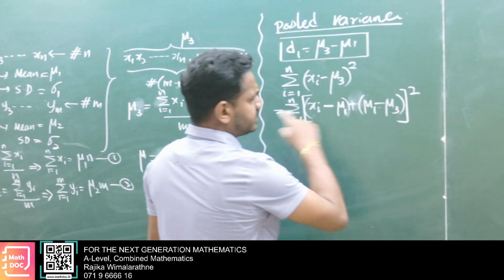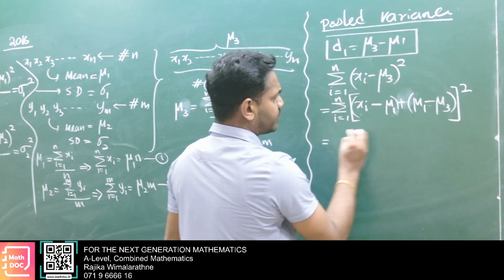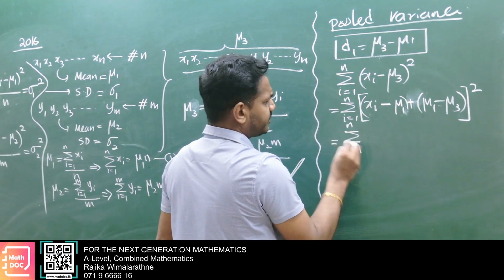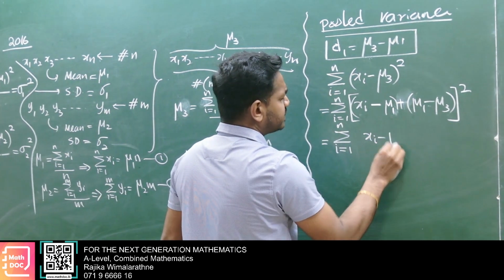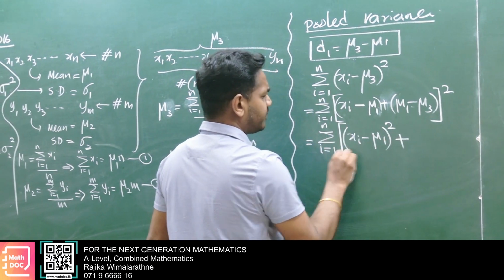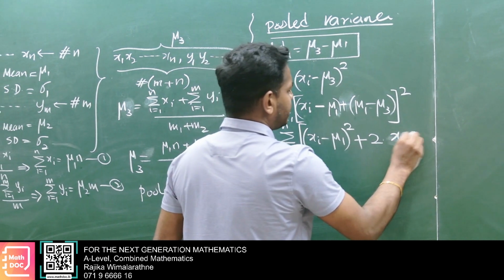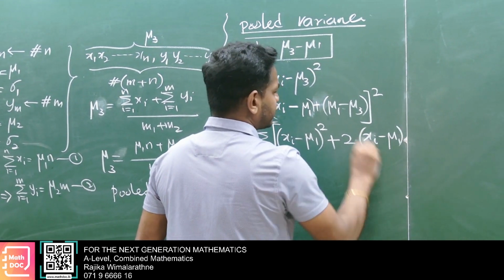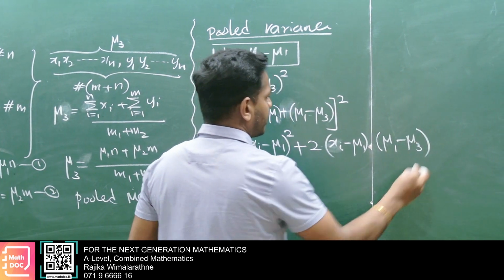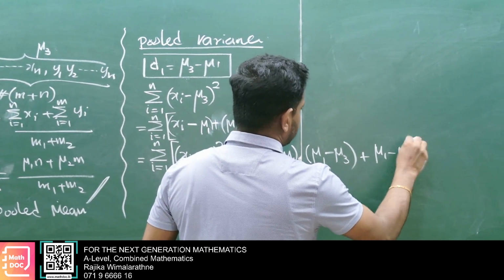Now you expand this square. Sum over i equal 1 to n of (xi minus mu1) squared plus 2 times (xi minus mu1) times (mu1 minus mu3) plus (mu1 minus mu3) squared.